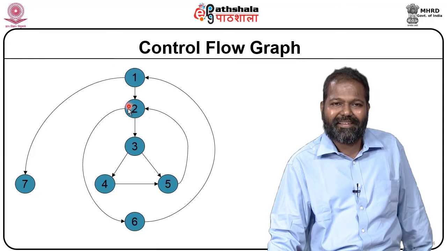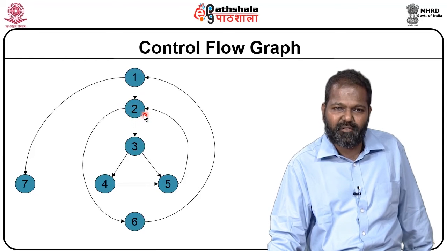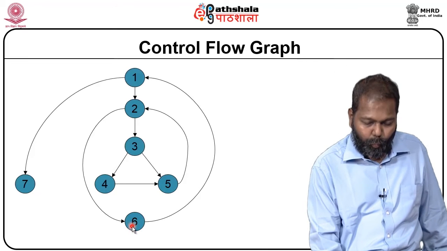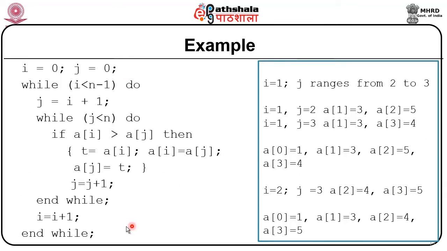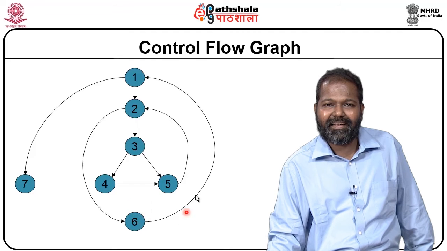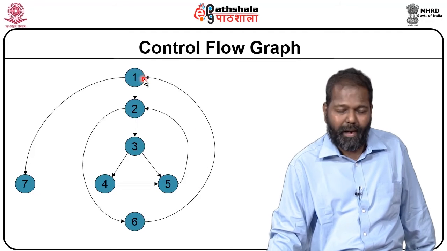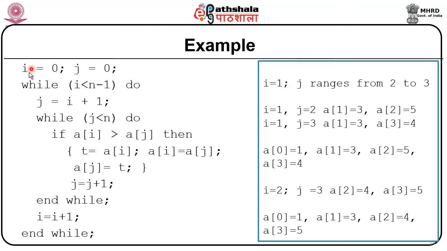Once you reach the termination condition of the while loop, the control is transferred to this particular node where you are incrementing the value of i. The value of i is incremented, and the transition is to node 1. So you check whether the value of i is less than n minus 1.